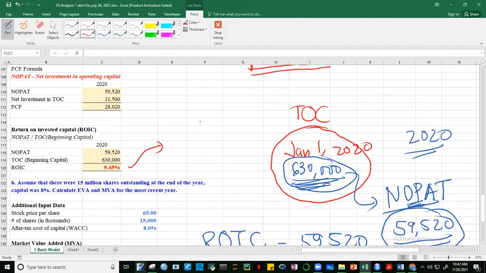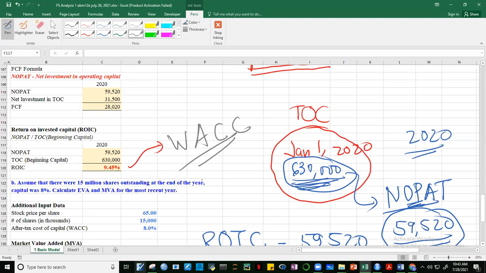Come on, you know the answer. Ayun, very good. It always depends on the weighted average cost of capital.